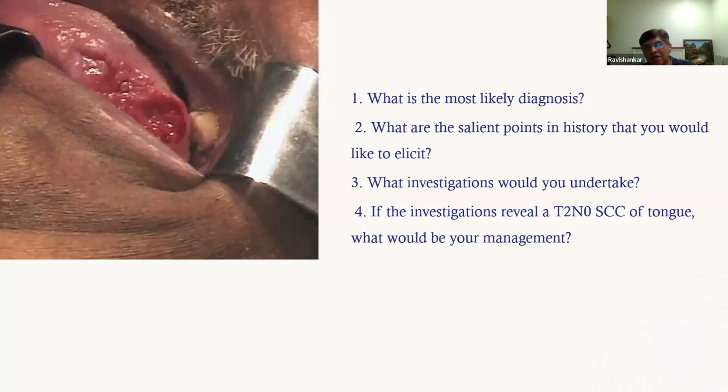What investigation would you like to do? Biopsy, sir. How will you do the biopsy? Wedge biopsy from the edge of the tumor. Under local or general? Under general.